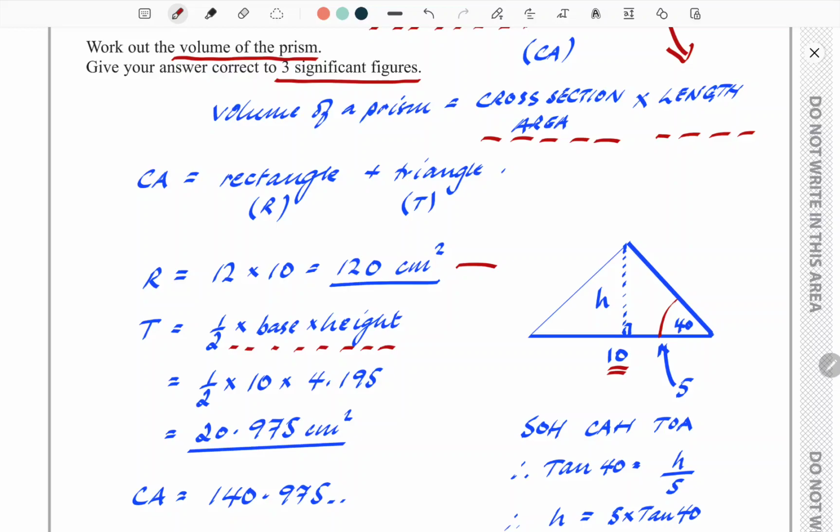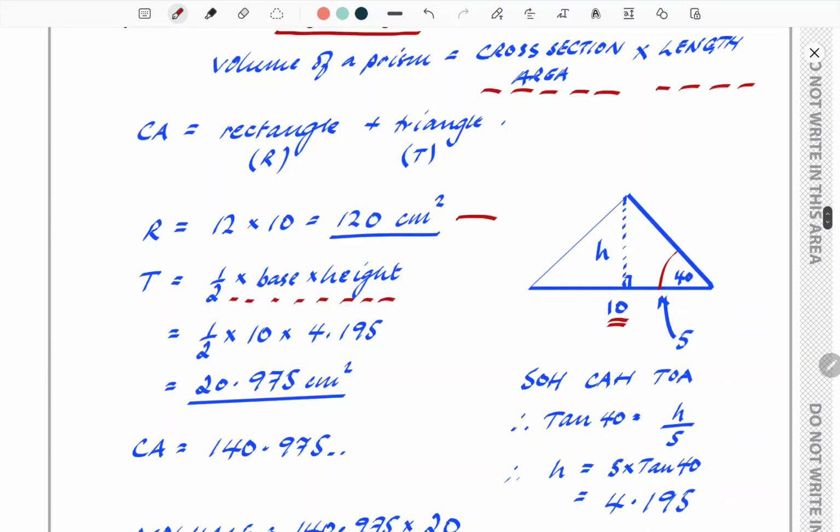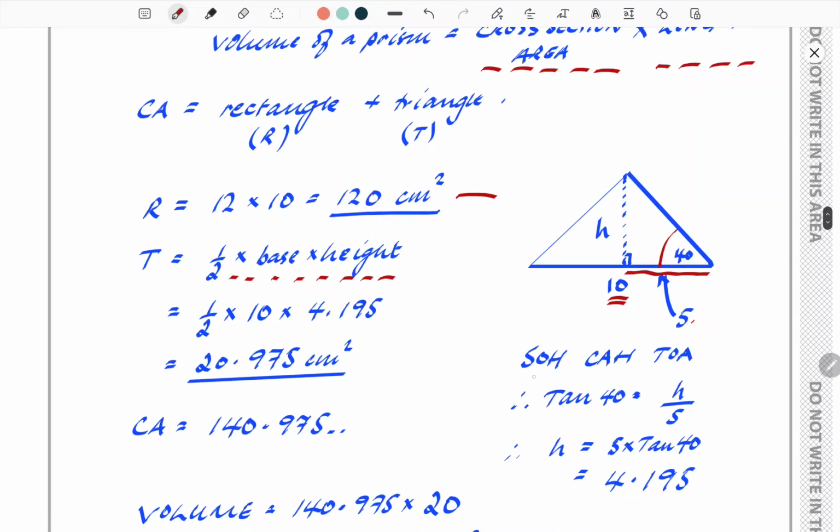Okay, so using SOHCAHTOA and noting that for the half triangle, the base is 5, for the right-angled slice of the triangle, the H represents the opposite, and the 5, the base, represents the adjacent. So we're going to use the TOA bit.